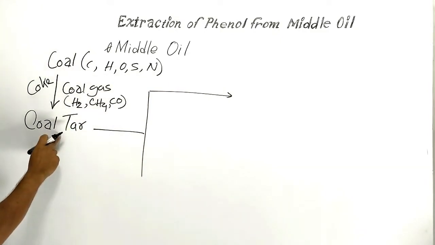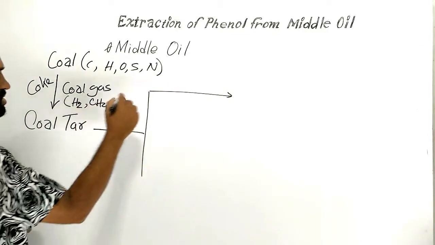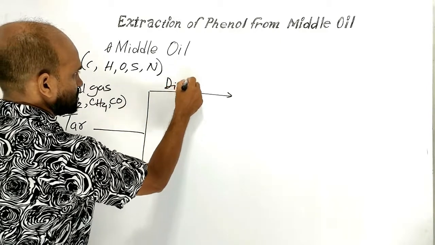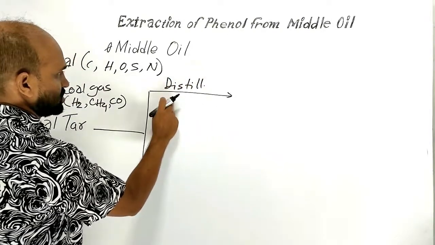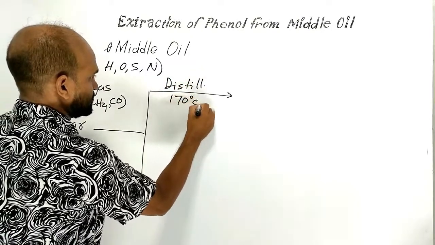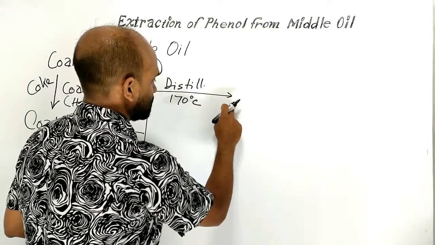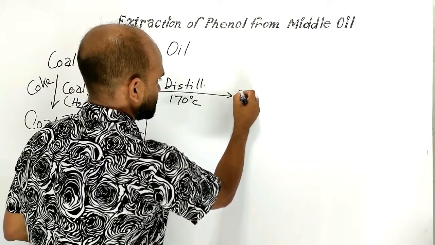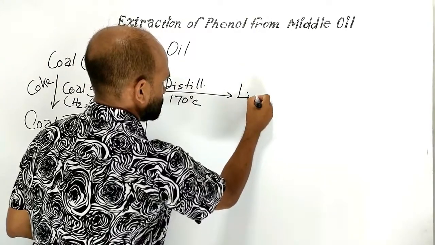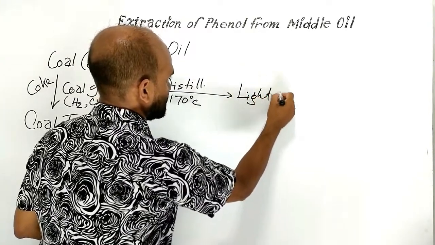When coal tar is distilled at 170 degrees Celsius temperature, then a fraction of liquid is obtained as distillate, which is known as light oil.